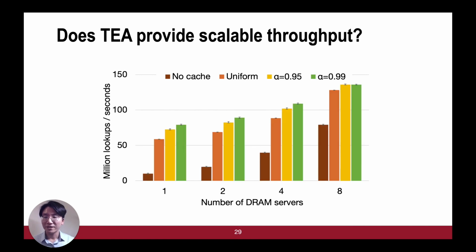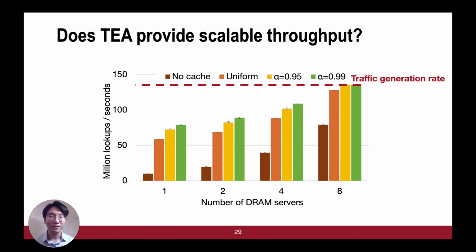We can see here that the throughput can be scaled by adding more servers, and also we can see that the on-chip cache actually helps improve the throughput a lot. And the reason why the case with 8 servers cannot achieve higher throughput is that it is actually capped by our traffic generation rate in our testbed, which is around 138 million packets per second.